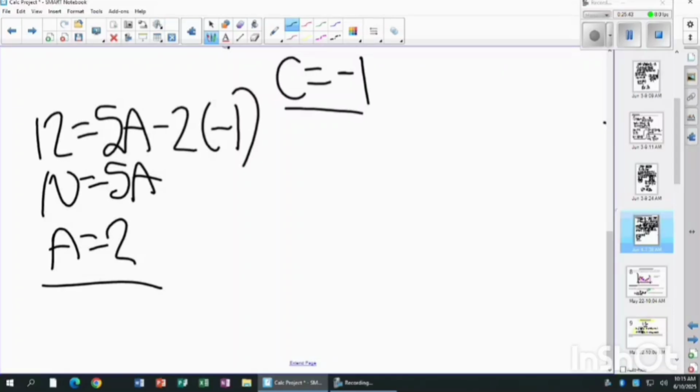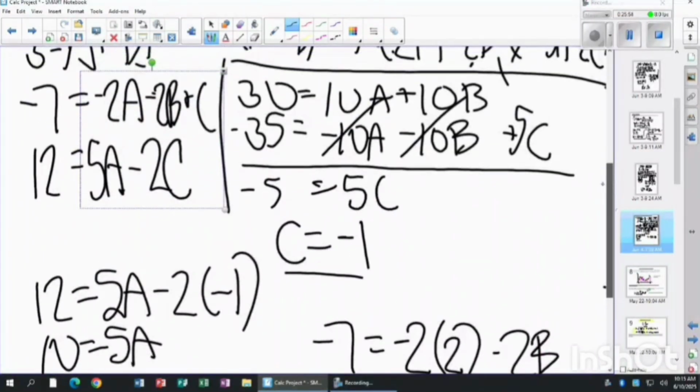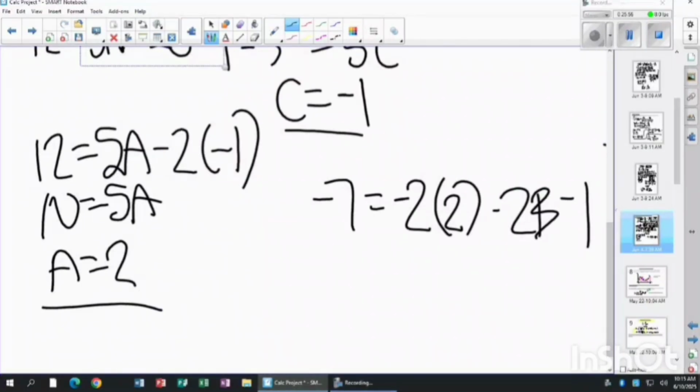And then finally, we can plug that in to our last equation. So negative 7 equals negative 2 times 2 minus 2b, and then it was plus c, so it would be minus 1. So negative 7 equals negative 4 minus 1, so negative 5 minus 2b. Add the 5. Negative 2 equals negative 2b.